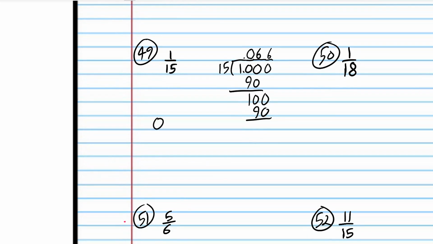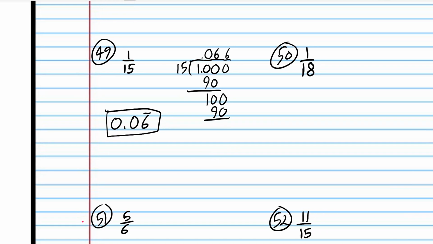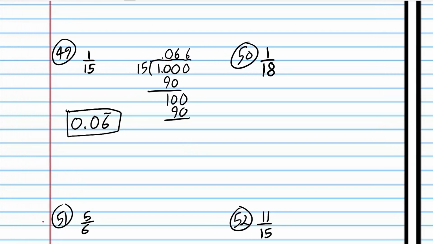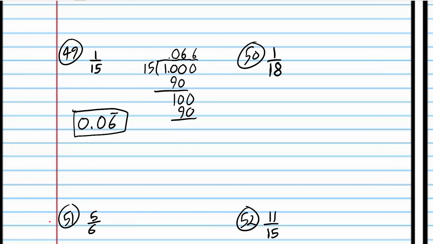And we put the bar not over the 0, but over the 6, because the 0 doesn't repeat. It's just the 6 that goes on and on and on. So that was a slightly different problem because we started our repeating decimals in the hundredths place, not in the tenths place like the previous problems. So why don't you try number 50, and when you're done, we'll come back and do it together.